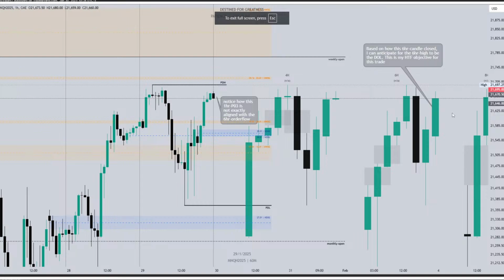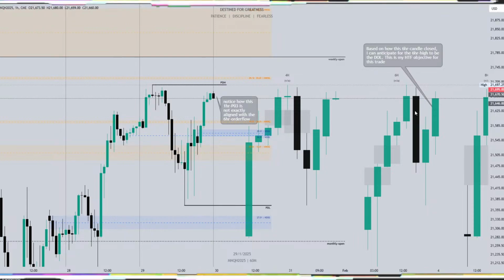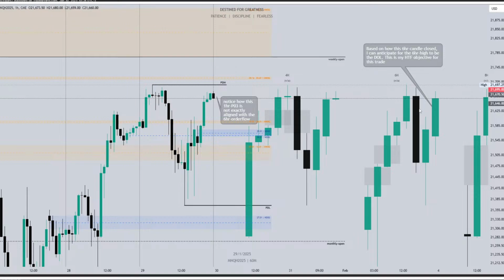So this 6-hour time frame candle right here, with the way that we close here on the 6-hour candle, refer back to how I analyzed the daily time frame. Based on the way that we close here on the 6-hour candle, I can anticipate for us to take out the 6-hour candle's high, right? That's the bare minimum of what I want to see prices do.